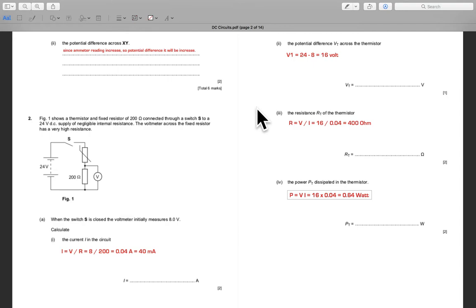Okay, guys, we continue to the other numbers. I repeat, this is the same as the previous formula. This is about Ohm's law, about series and parallel: resistor combination in series, resistor combination in parallel, and the laws of current and voltage.